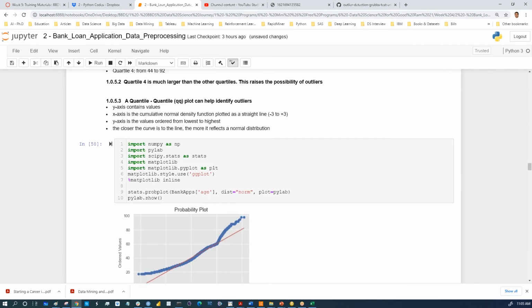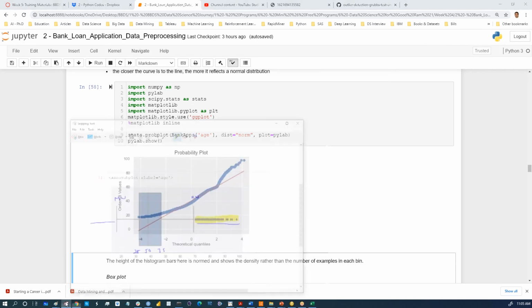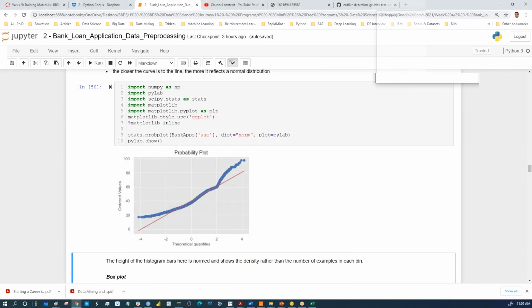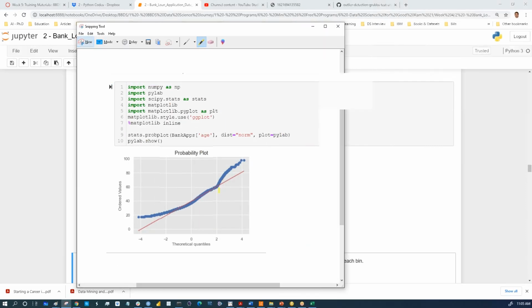We could also use the QQ plot, a quantile plot. What it does is it simply compares a feature or column. So this is age, the blue is age, and the red is its normality. So the red is normal.